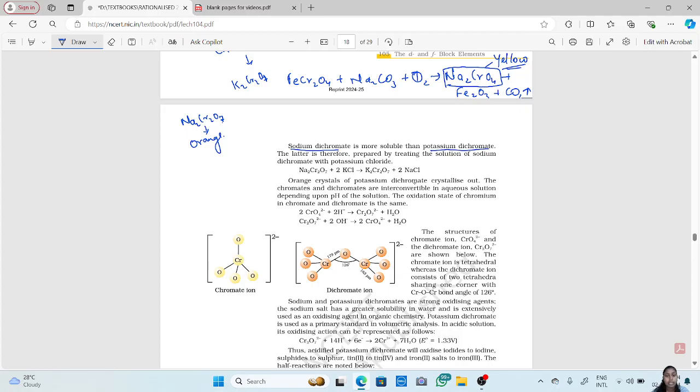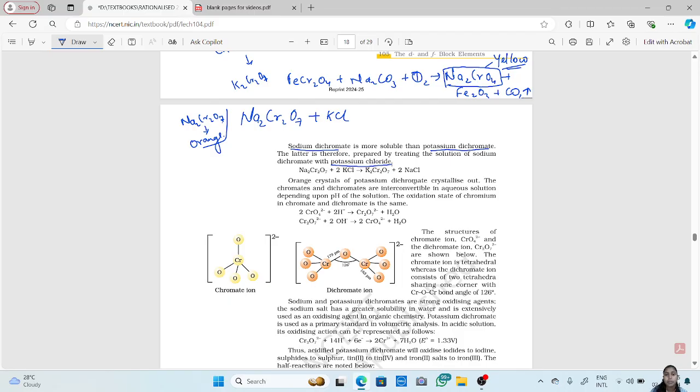Therefore potassium dichromate is prepared by treating the solution of sodium dichromate with potassium chloride. How do you convert the sodium dichromate to potassium dichromate? It is very simple. Na2Cr2O7 is the sodium dichromate, which is more soluble than potassium dichromate. This is already prepared, an orange color solution we have. To this solution, we have to add KCl, that is potassium chloride.